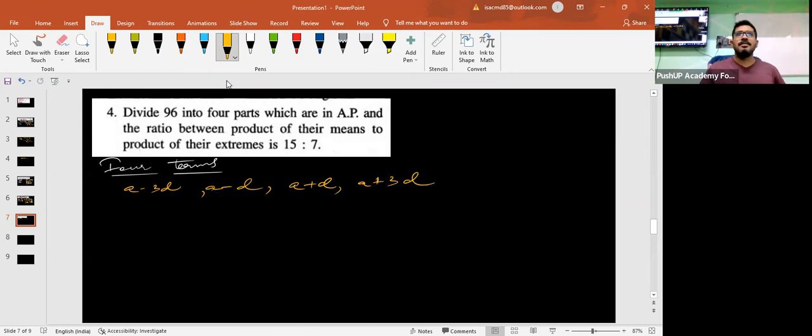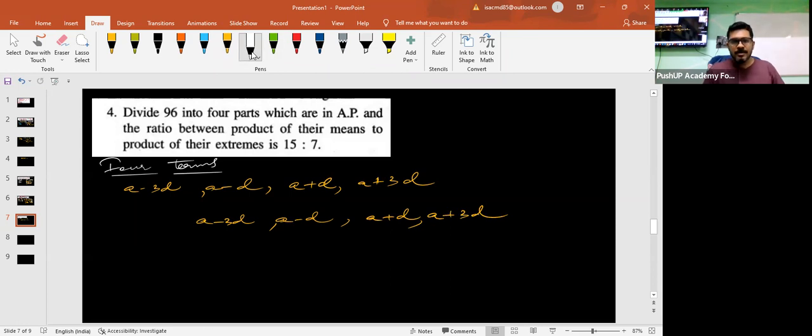Okay. This is the new pattern. Very simple, children. When there are 4 terms: A minus D, A minus 3D, comma, A plus D and A plus 3D. If you notice, they both have a pattern.